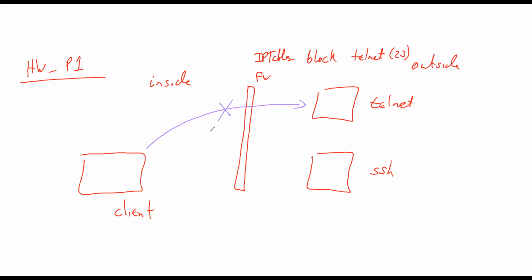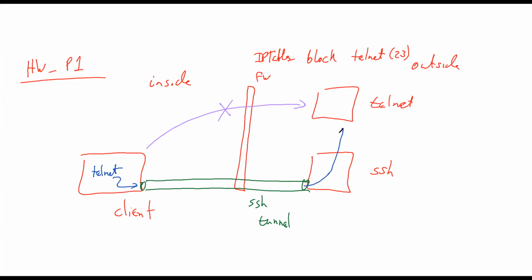However, you can establish a tunnel because SSH is not blocked, right? So this is an SSH tunnel. And then what you're going to do is send packets. Your telnet will go into the tunnel, out of the tunnel, and reach that other server that way.